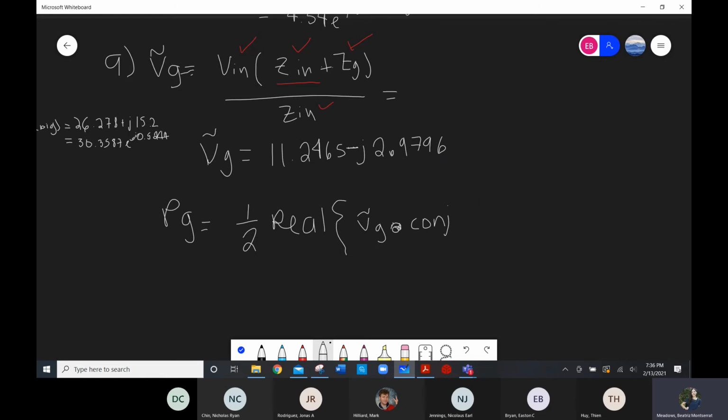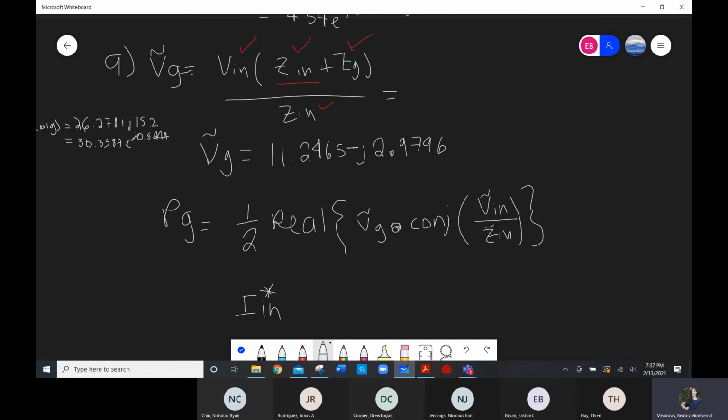Because the formula uses I in, and we don't have to solve for I in using the voltage-current relationship, we're going to have V in over Z in, which I hope are all variables in your calculator. If not, if you're using another calculator, do this part first, then find the conjugate of that, and then multiply by BG.